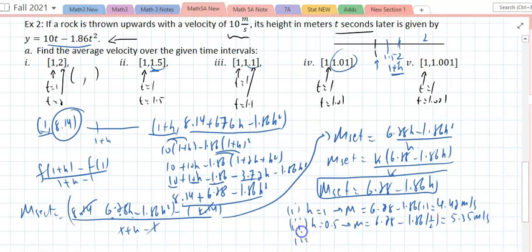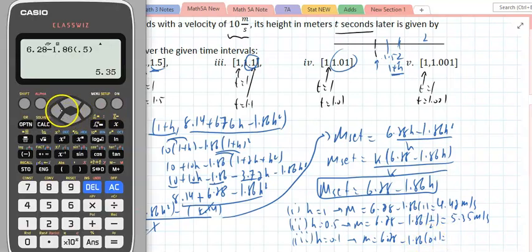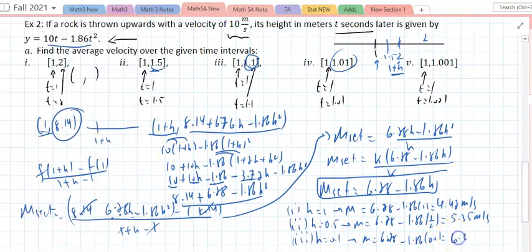And for part 3, from 1 to 1.1, h equals 0.1, so m will be 6.28 minus 1.86 times 0.1. That would be 6.094 meters per second.